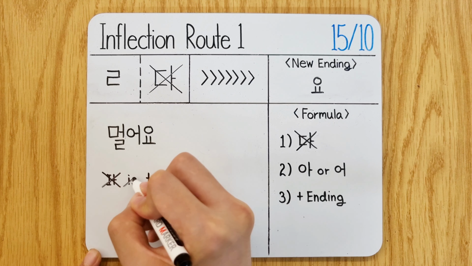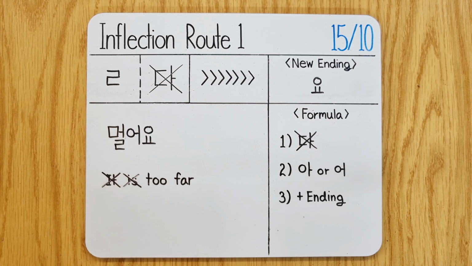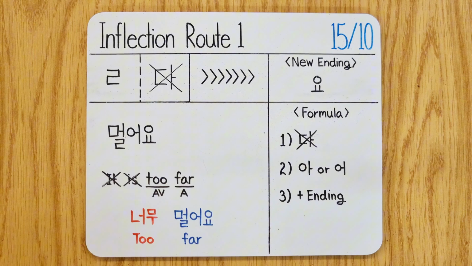And do not take into consideration is, am, was, were, are, which leaves us with the adverb too and the adjective far. Therefore, the Korean sentence will look like 너무 멀어요. Too far.